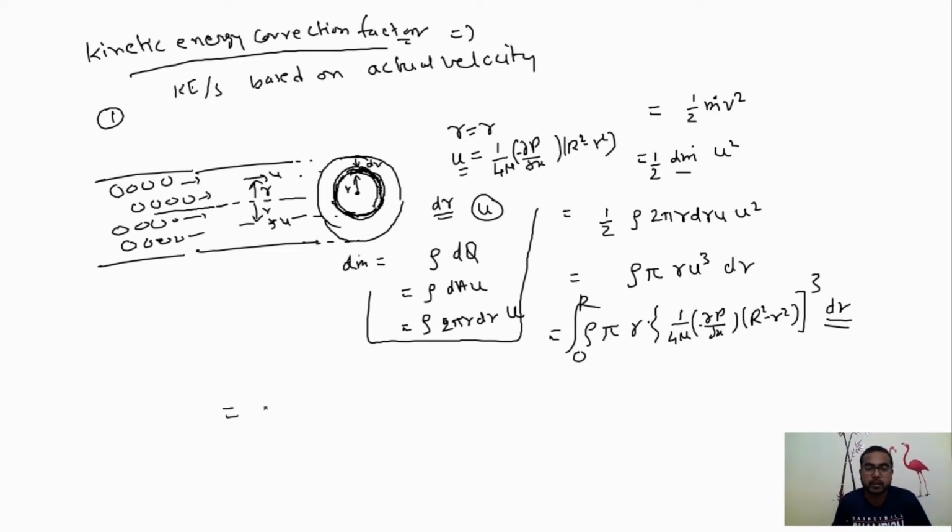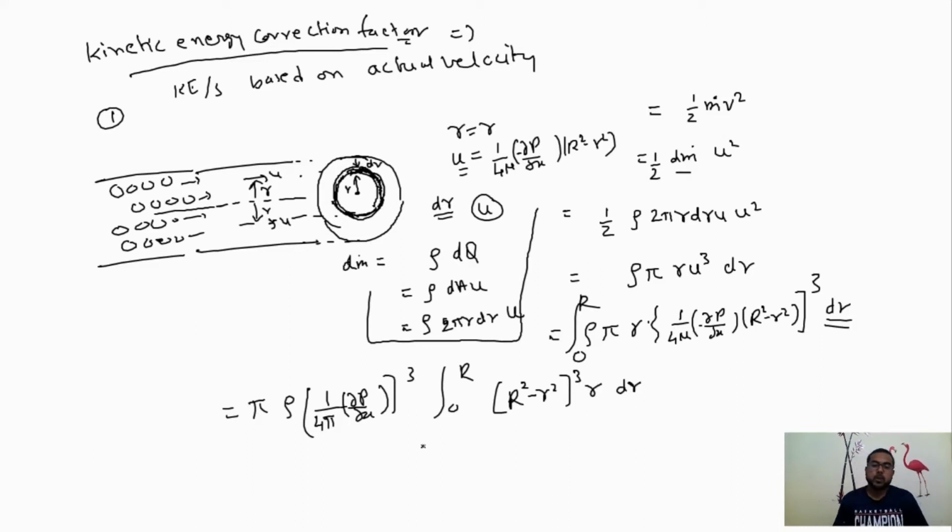First of all, the constant quantities, take them outside the integration: pi, rho, and 1 by 4 mu del p upon del x to the power 3. Then do the integration of R square minus r square to the power 3, with r and dr. Expand this term, multiply with r, and do the integration. After simplification, we get the term.